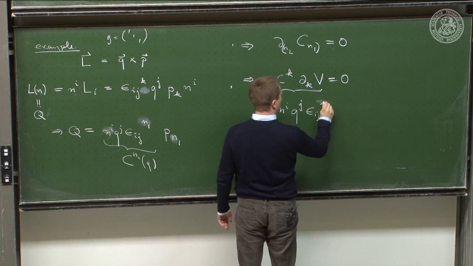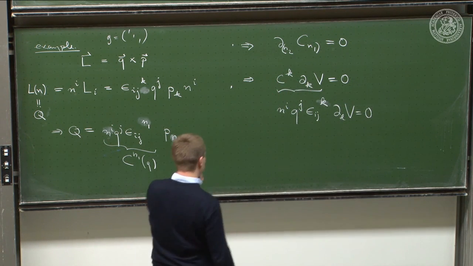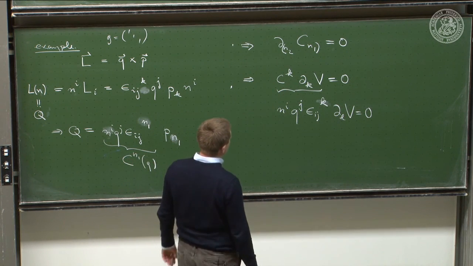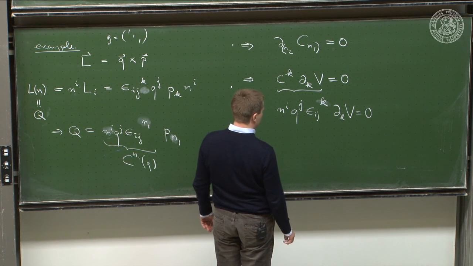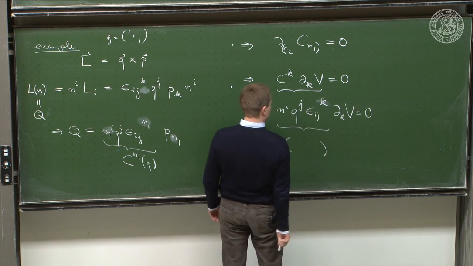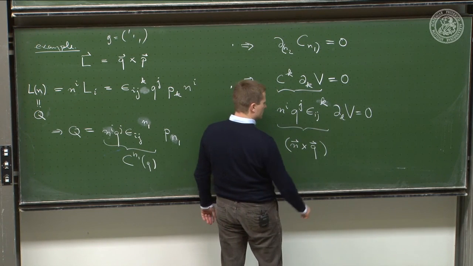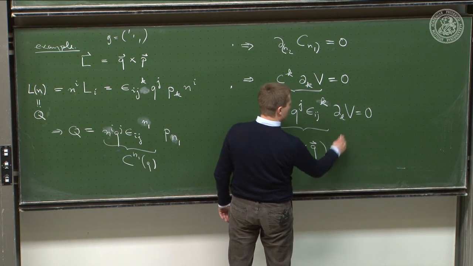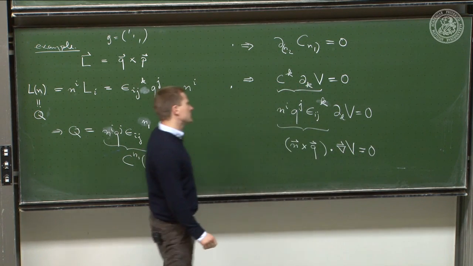Well, that's the k now again. Del_k V equal to 0. And this is easily interpreted because this guy here is the kth component of n cross q vector. The axis cross q is the kth component dotted into the gradient. So this is the gradient of the potential. This needs to be 0.